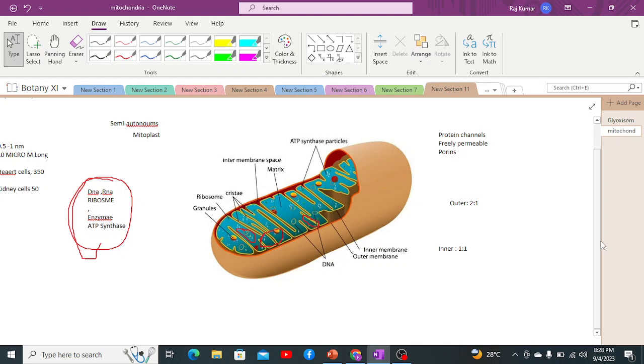Glycolysis occurs in the cytoplasm, and Krebs cycle occurs in the mitochondrial matrix. All of the enzymes of the Krebs cycle are present in the mitochondrial matrix except succinate dehydrogenase, which is present inside the inner membranous structure. Let me write it down.